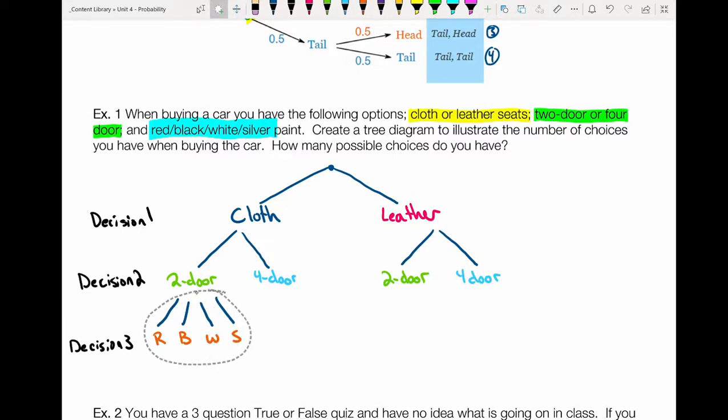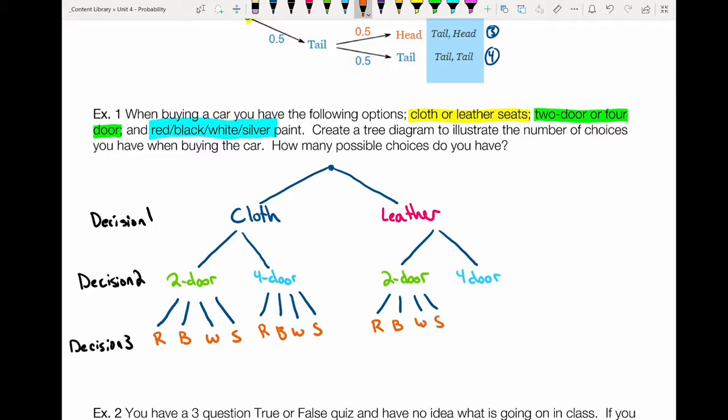This basically is the same thing for each type of door. So you have the red, the black, the white, and the silver. Over here, same thing: the red, the black, the white, silver.